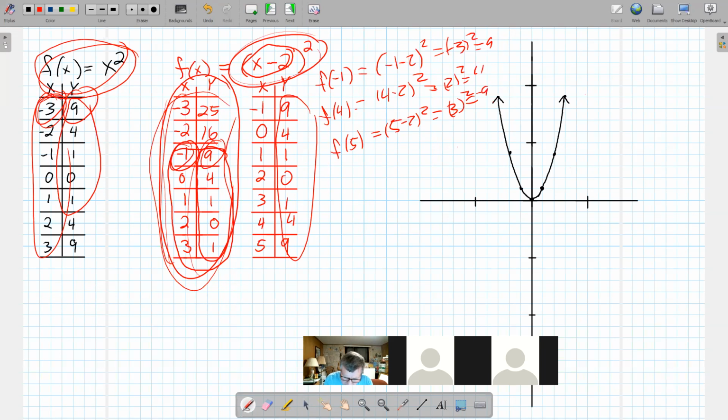So let's see what this graph looks like. (-1, 9), (0, 4), (1, 1), (2, 0), (3, 1), (4, 4), (5, 9).